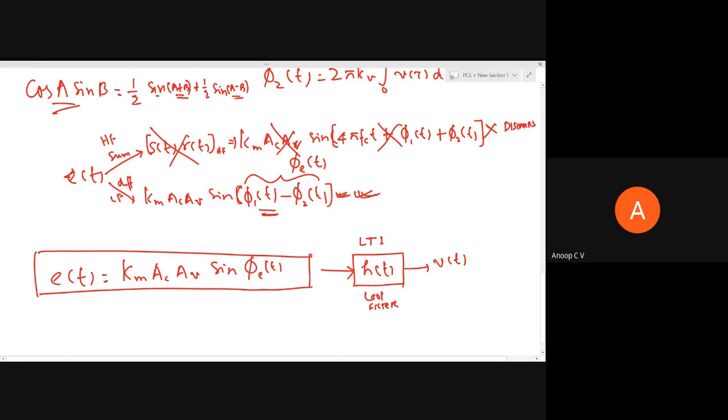So then what will be V of t? If you give E of t as input to an LTI system which has impulse response H of t, what will be the output? Can anyone tell me that?